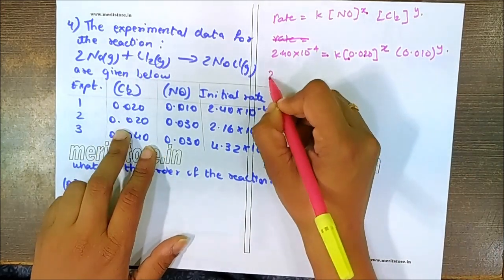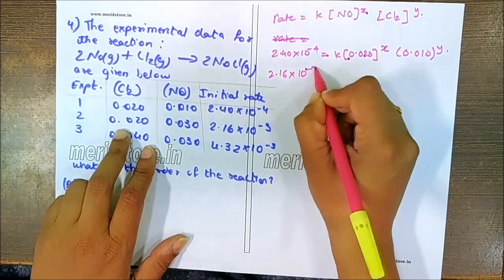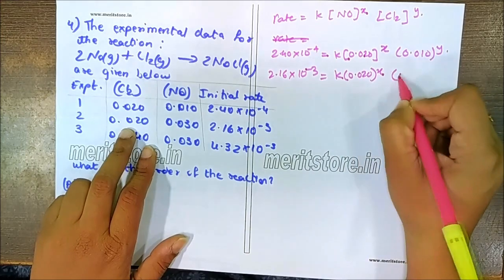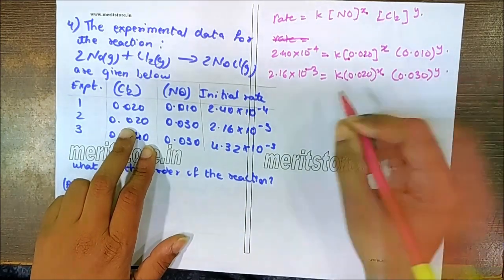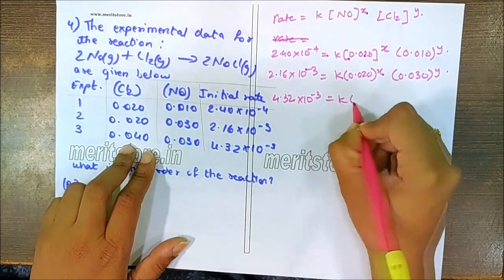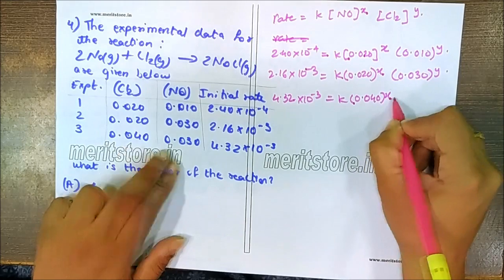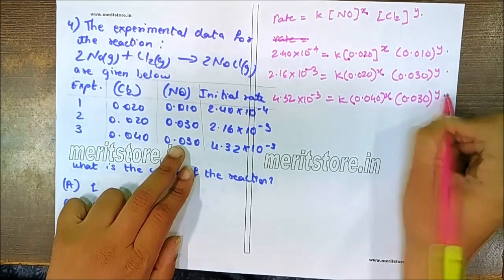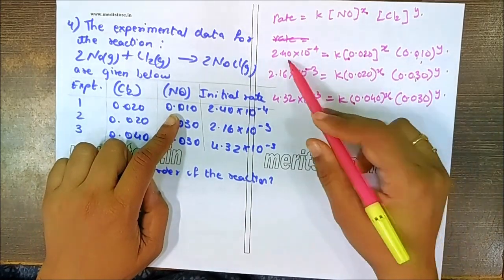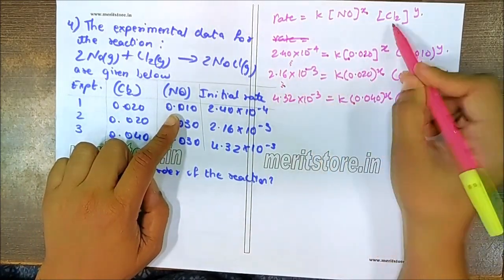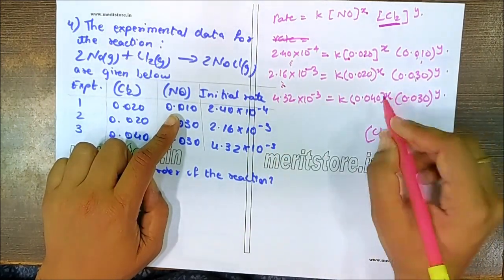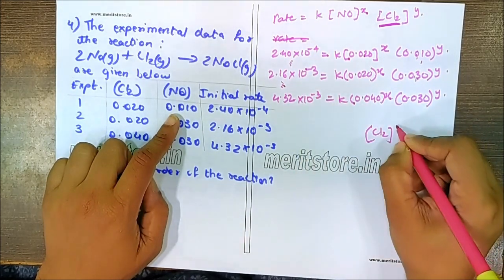The next equation is 2.16 into 10 raised to minus 3 equal to K into 0.020 raised to X and 0.030 raised to Y. Then it is 4.32 into 10 raised to minus 3 equal to K into 0.040 raised to X and 0.030 raised to Y. If we see, when we change the concentration of Cl2, the rate changes in the same proportion, so the order with respect to Cl2 is 1.